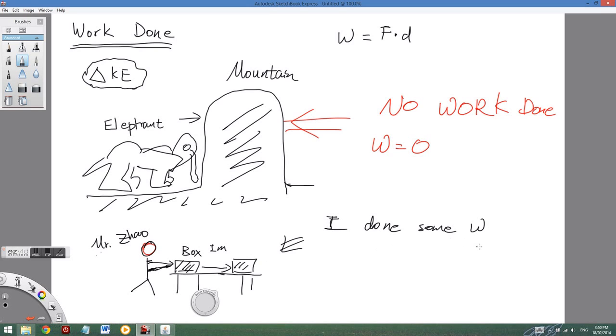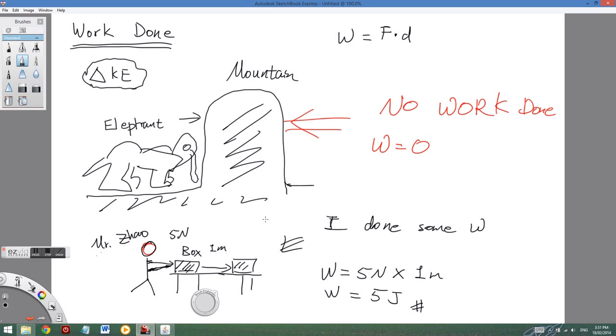So to calculate this, say I applied 5 Newtons of force and it travels 1 meter. So 5 Newtons times 1 meter gives 5 joules of energy. The work done will be 5 joules.